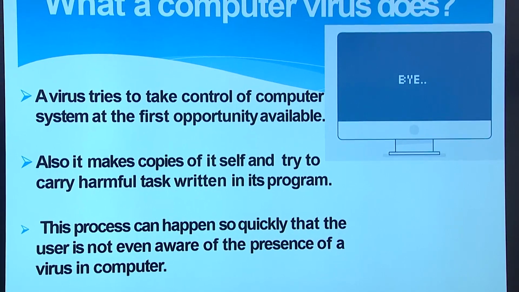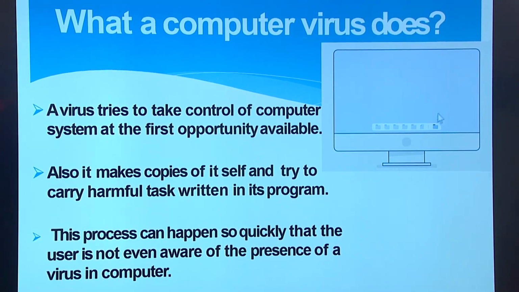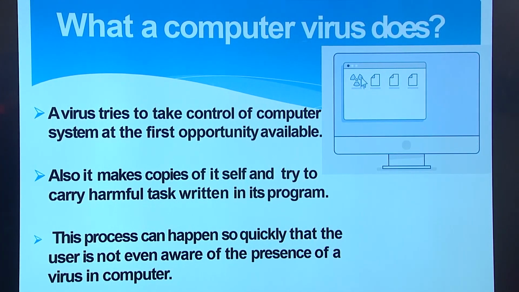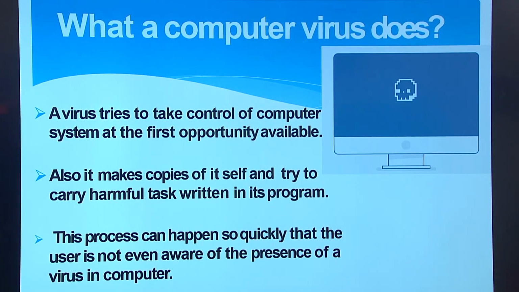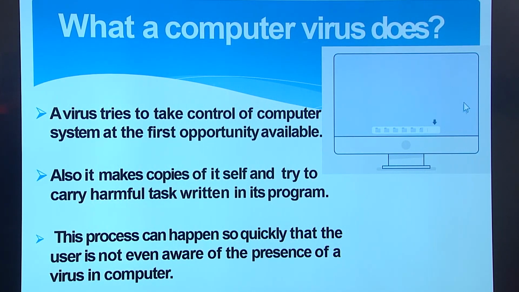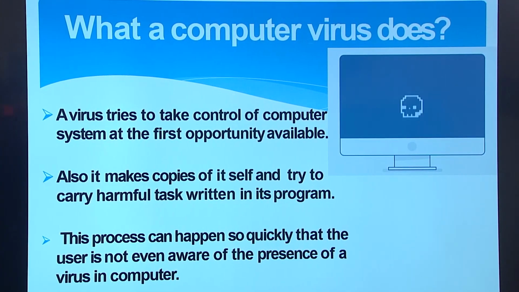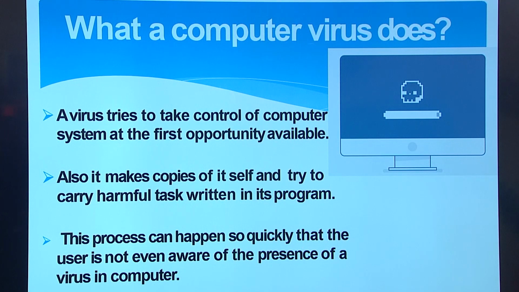It makes copies of itself, and so it tends to affect all of the different files and programs on your computer. And then, when it's done with your computer, it moves on to other computers. So if your computer is connected to a network, all of the computers that your computer communicates with automatically get this virus.